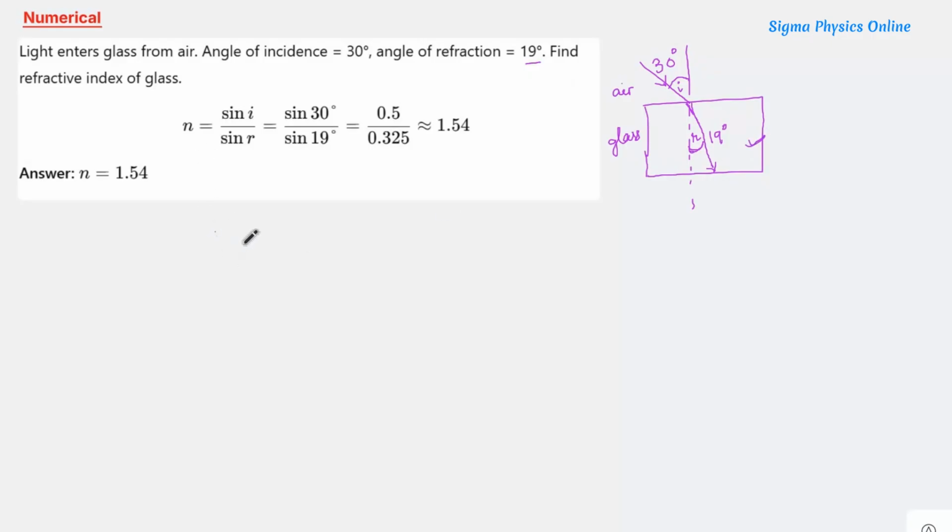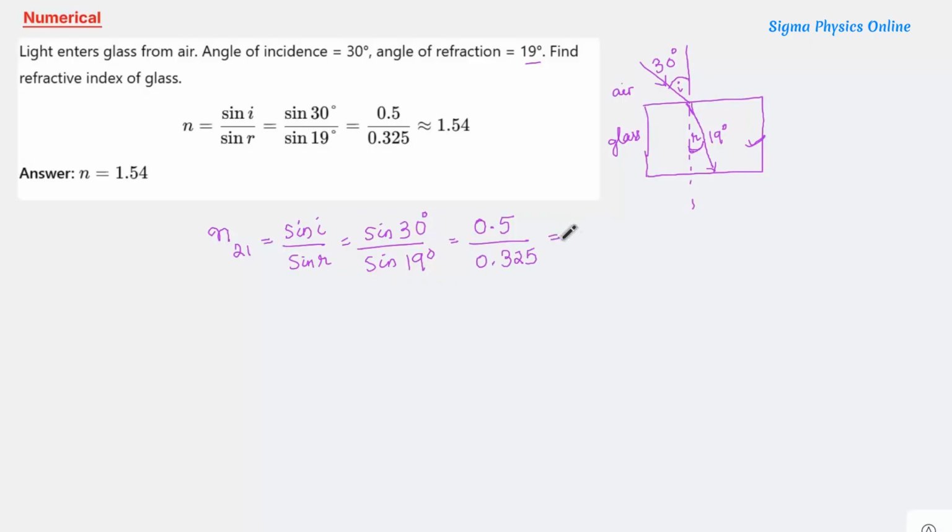Now we know the formula. Refractive index of glass with respect to air is sin I by sin R, which is sine of 30 degree divided by sine of 19 degree. Now we know the value of sine 30 is 1 by 2 or it is 0.5, whereas sine 19 degree is 0.325.